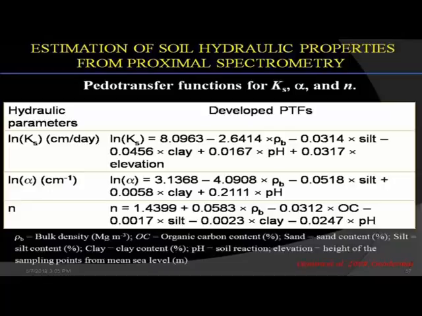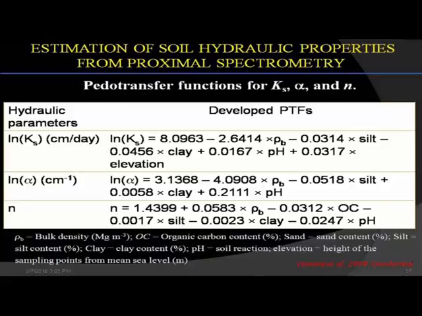So Ks, the saturated hydraulic conductivity in logarithm scale, is given by this equation, where pH, bulk density, clay, elevation and silt can be measured very easily. So you can get hydraulic conductivity indirectly estimated. And this alpha and n are van Genuchten parameters, which can also be estimated using a pedotransfer function.